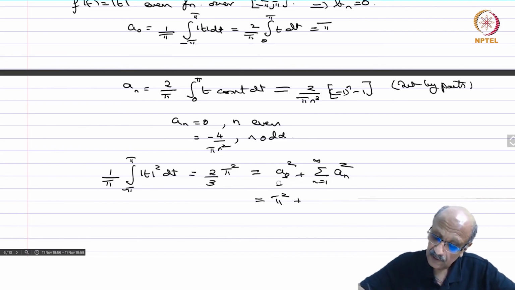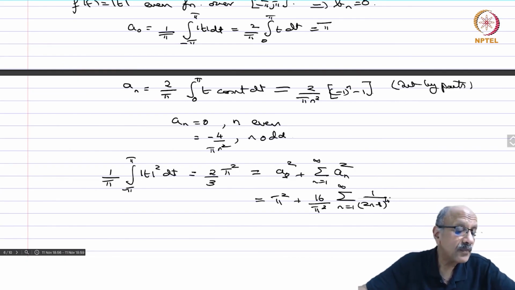Okay, so pi squared plus, now you get 16 by pi squared times sigma n equals 1 to infinity 1 by 2n minus 1 power 4.